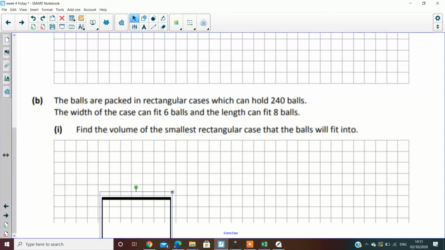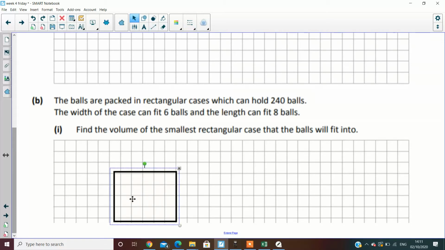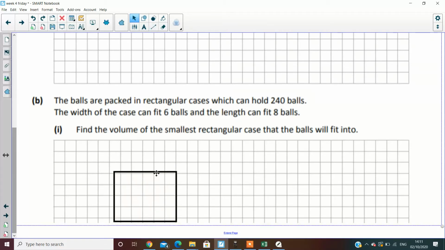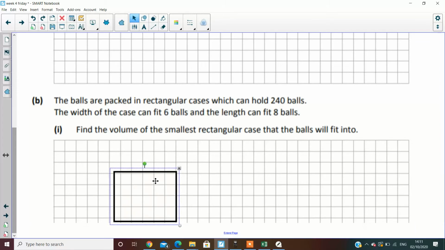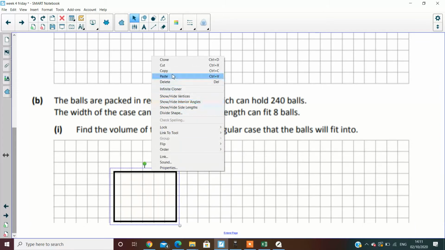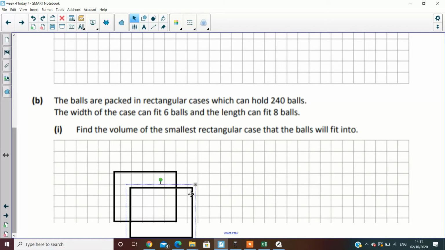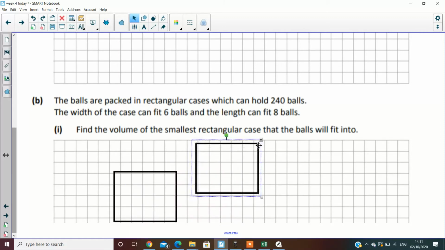So that's a 6 by 8. Now, most of you figured out that it's 5 on the other side, right? That wasn't too bad. But what you failed to realize is that you're meant to be figuring out the size of the object, not how many you can stack in.